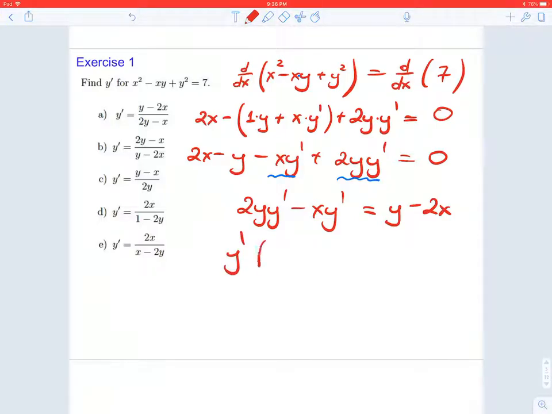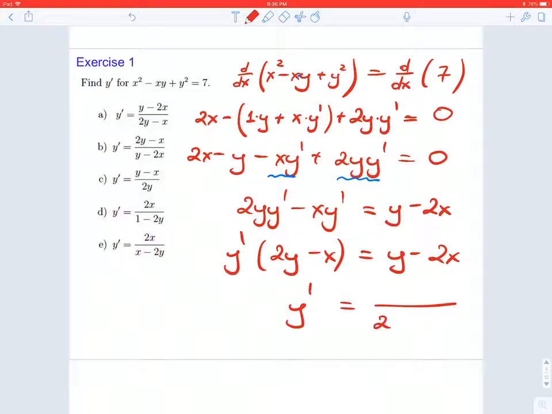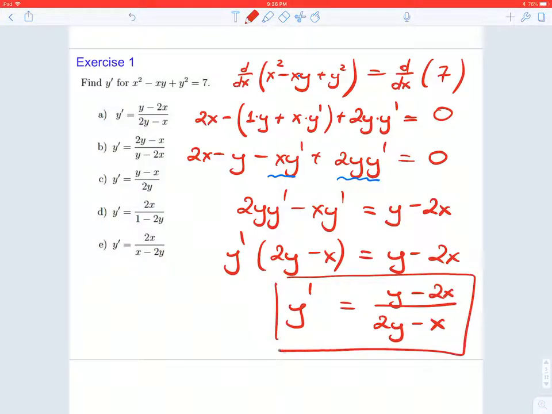Now I will factor out y prime. 2y minus x will stay. Copy this side and divide both sides of the equation by 2y minus x. And this is my final answer.